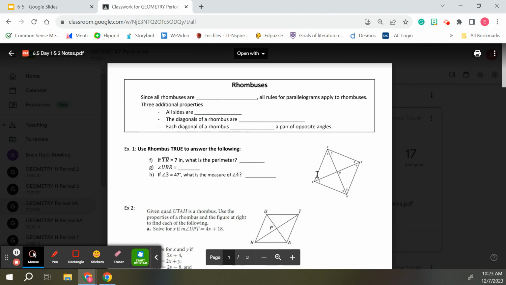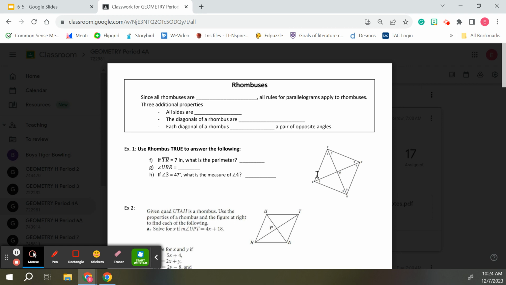Okay. So today we already discussed... I posted the note sheet from yesterday, but we're gonna do squares and we're gonna do rectangles today.